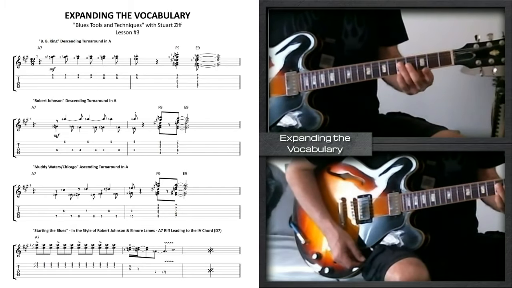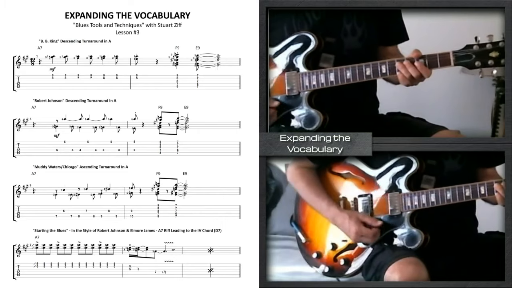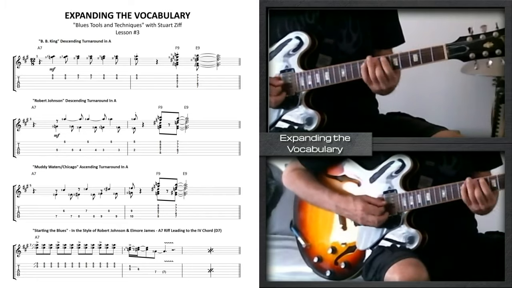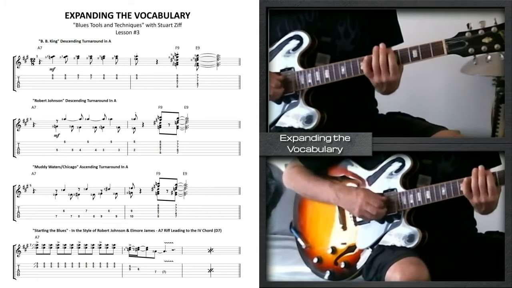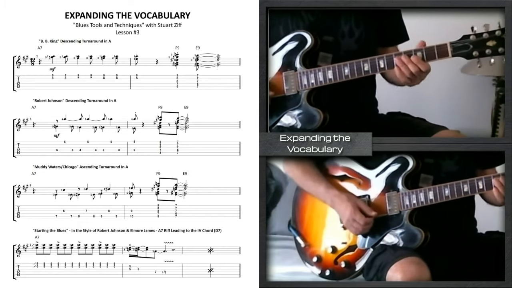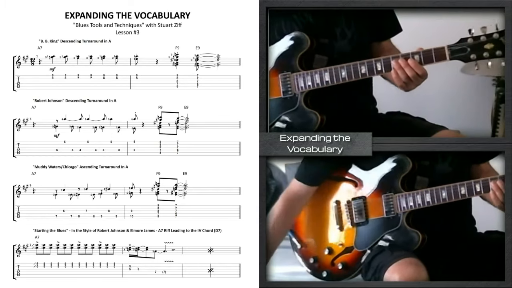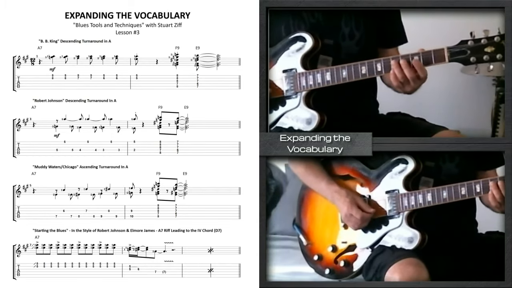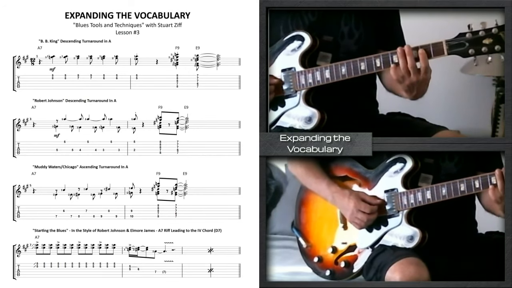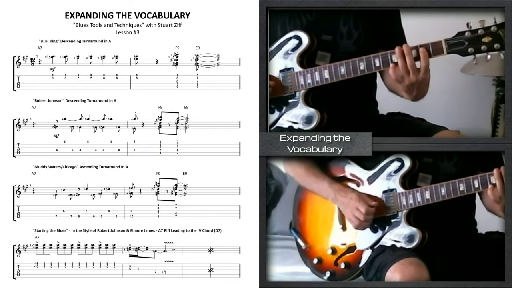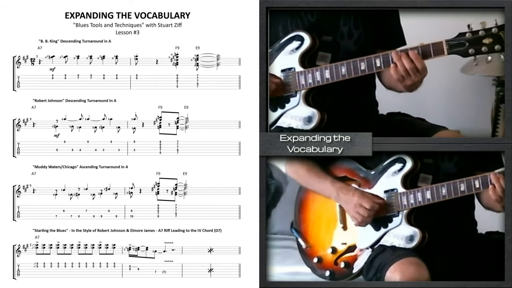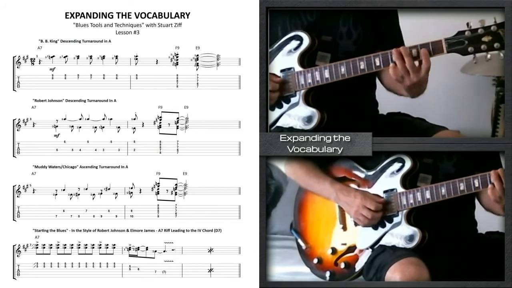And again, I've got the intervals of G and A, the 7th and the root, 2 chord tones in the key of A. Alright, so we're going to play a descending line on the 4th string. We're going to go down chromatically from the 5th to the 4th, to the 3rd, to the 2nd fret. You see my finger? I'm using my 3rd finger, 2nd finger, 1st finger, 1st finger.